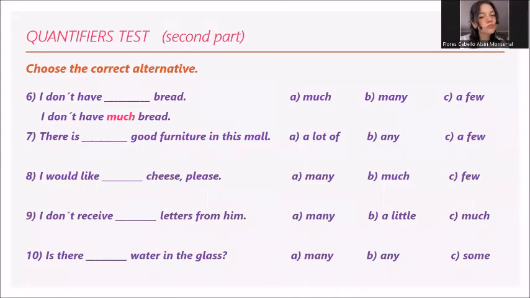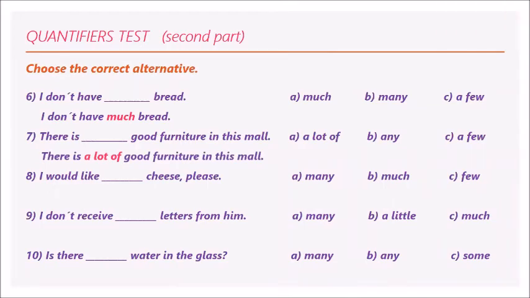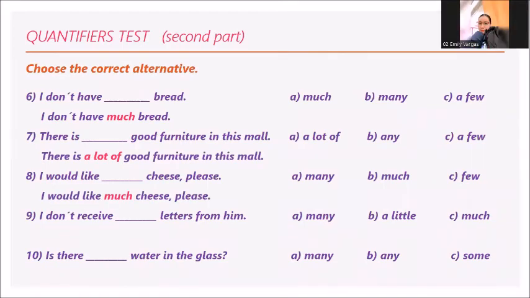Atsiri: There is a lot of good furniture in this match. Okay. There is a lot of good furniture. Yes, you're right. Thanks. Number 8. I would like much cheese, please.